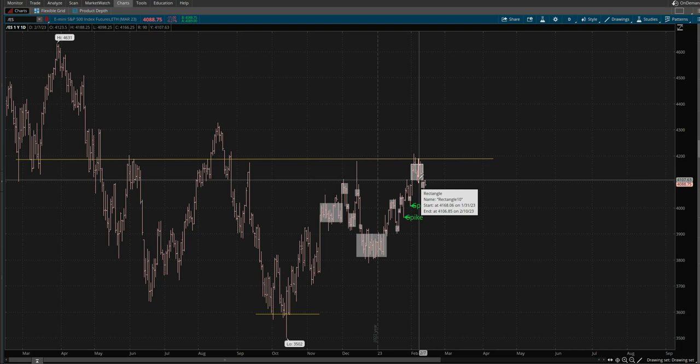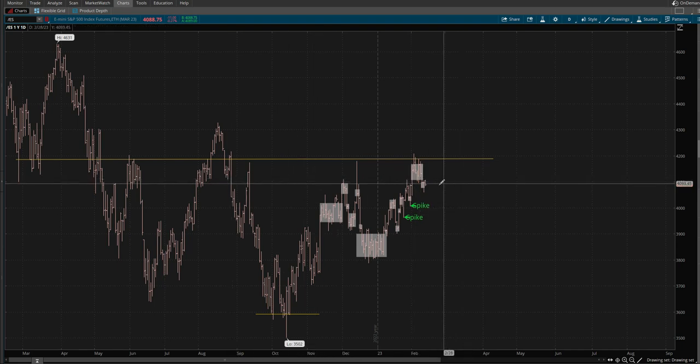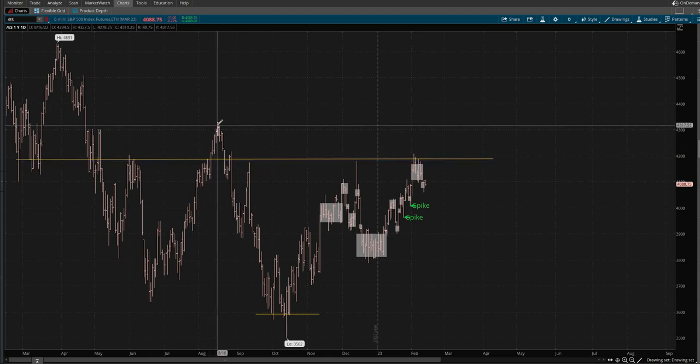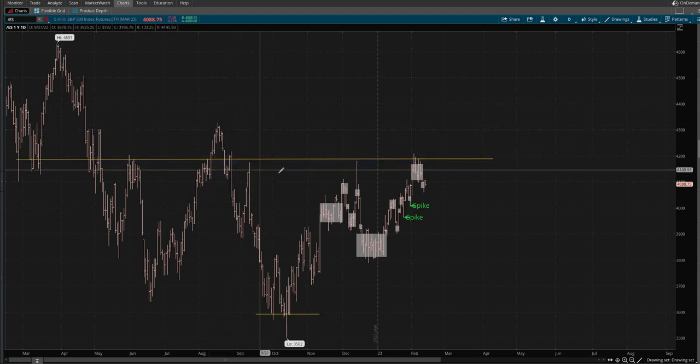So again, these resistance lines can be accurate, and sometimes these markets just blow right through and then they come down, and so you can't always depend on them. Now, the reason why I bought short in here, just to give you an example, is not only because it's a strong resistance, it's because the market's pretty much overbought in this area.